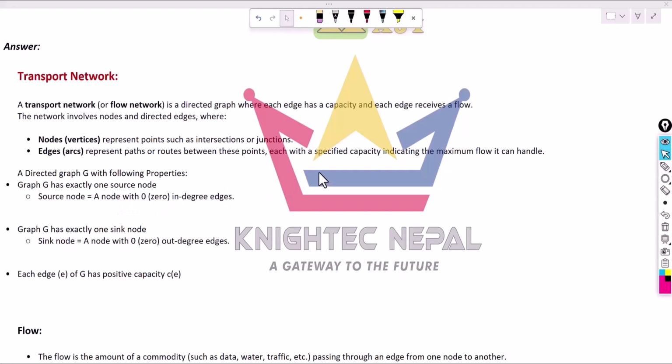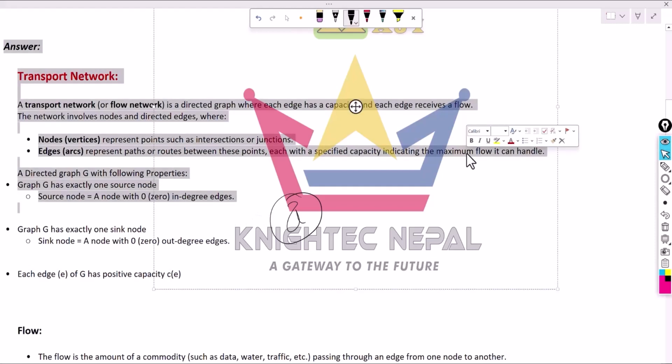So I will show you an example. What does it mean? If I assume this A is a starting node or a source node, it means we do not have any incoming edge on it. If this node has an incoming edge, then I cannot call it a source node. So remove it.